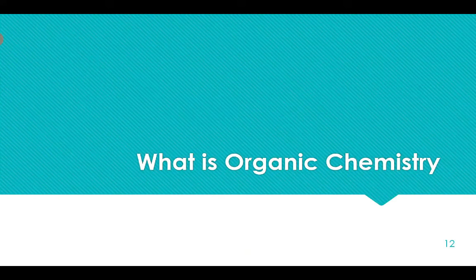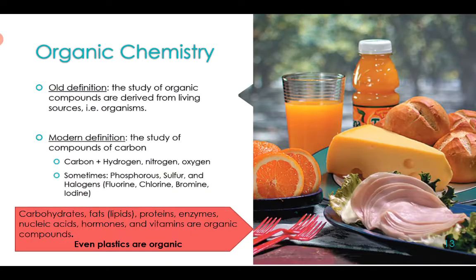So what is organic chemistry? Organic chemistry originally got its name from the study of stuff that came from organisms. And so organisms are made out of organic compounds. But that's the old definition.